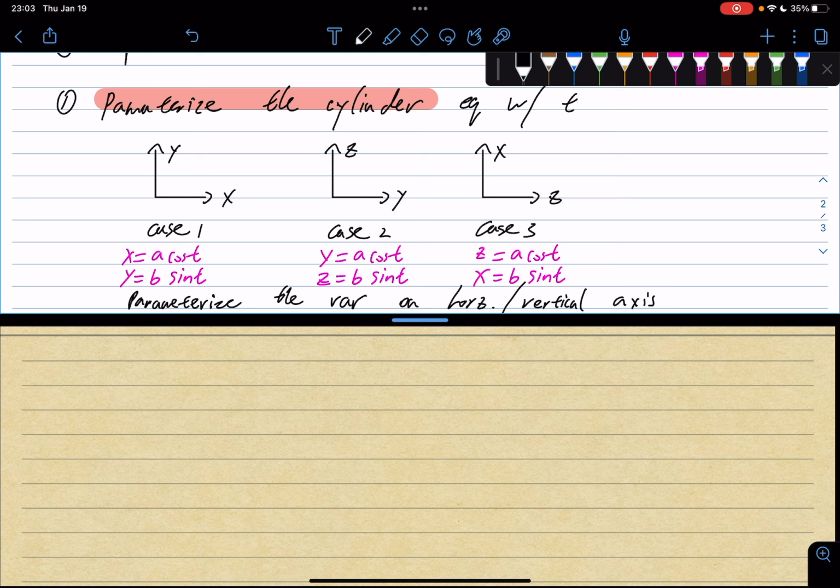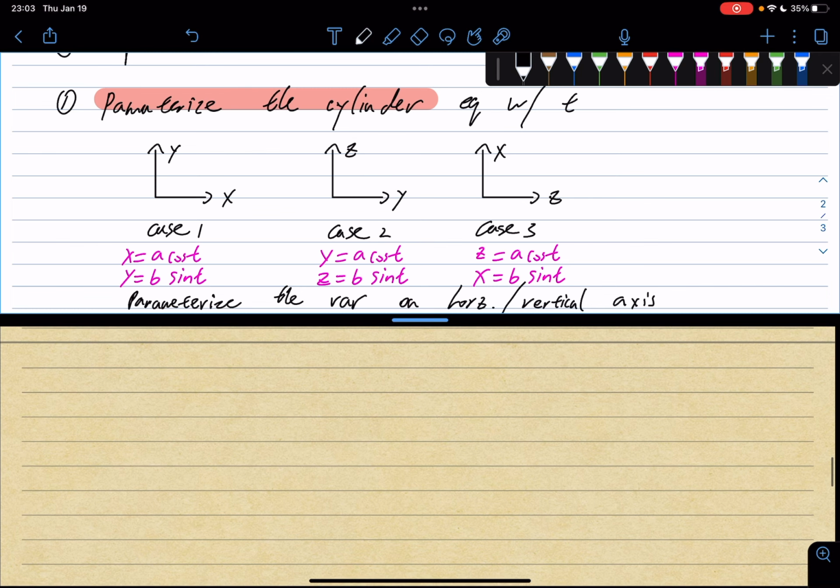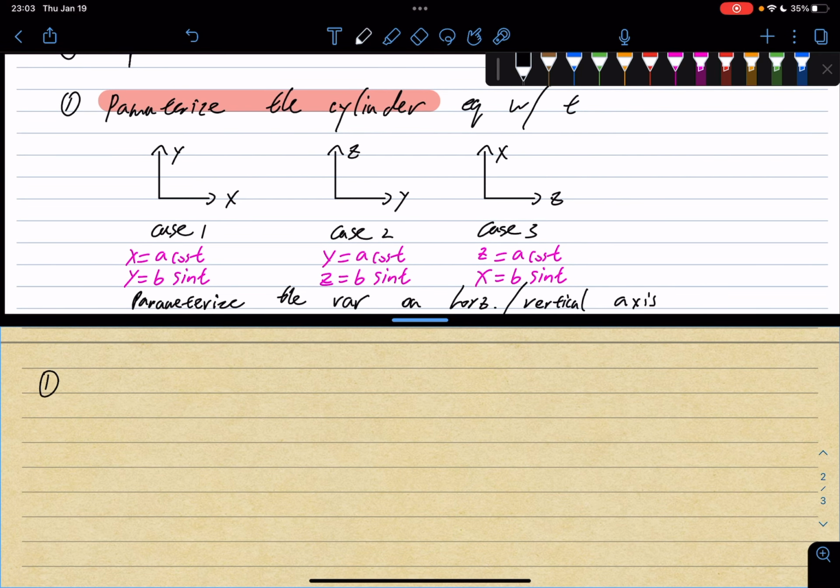Step 1, we're going to have y equals cosine of t, because we have a unit circle with radius of 1, and then z equals sine of t. That's step 1.